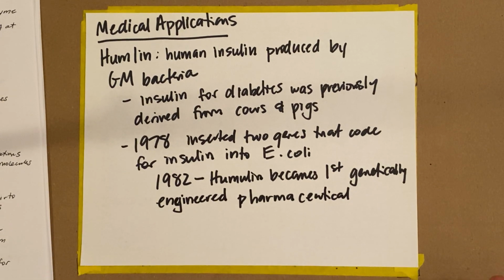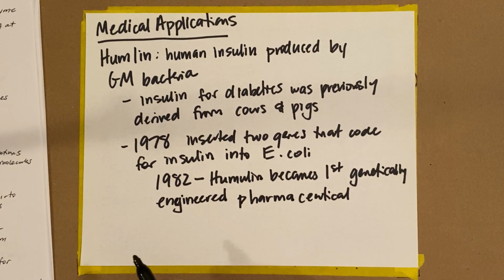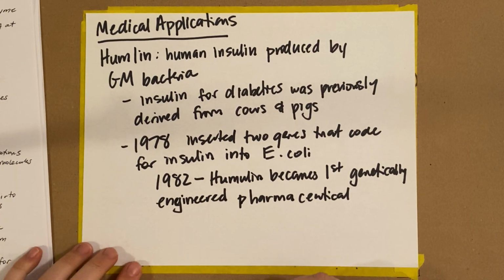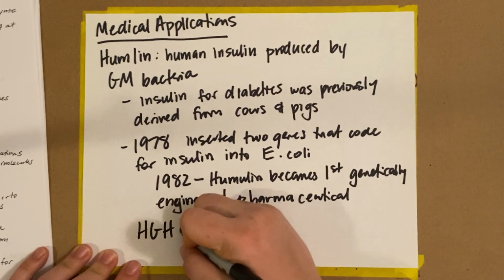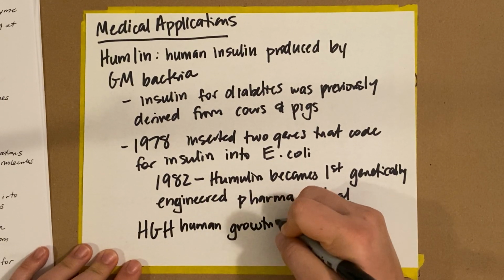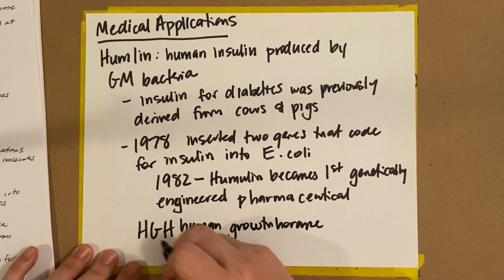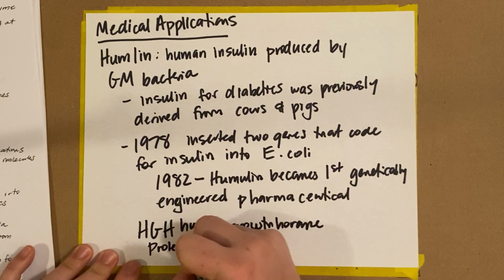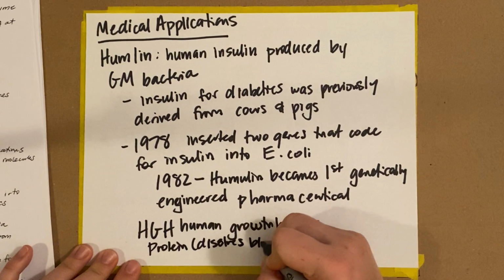Okay, that was approved by the FDA. Today, there are many more different types of proteins produced this way. Human growth hormone is one of them. There is a protein that dissolves blood clots.